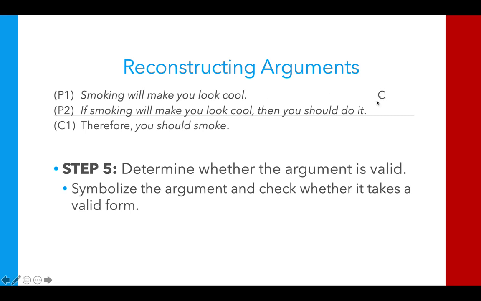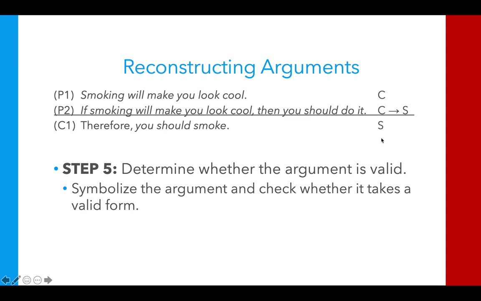So we're just going to give that letter C. If smoking will make you look cool, if C, then you should do it. You should smoke. So I'm going to say, if C, then S. You should do it, where it is smoking, so you should smoke. And that's what we have here in the conclusion, S again.